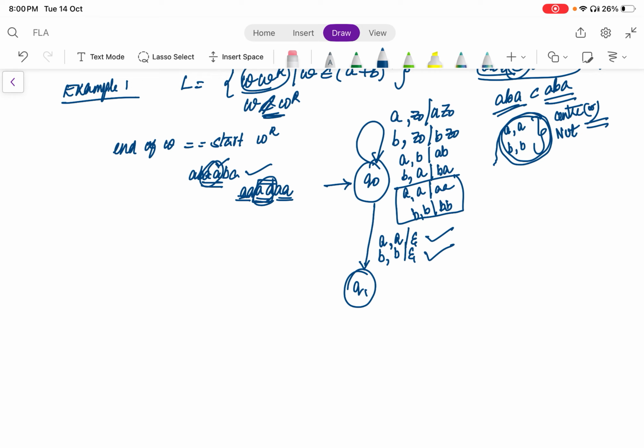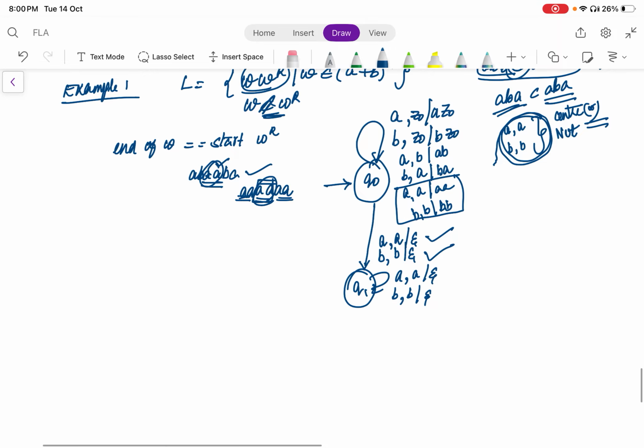After reaching the center, you pop all the symbols that you encounter, so that would be a self loop. If your input is A and you have A, pop it. If the input is B and you have B, you pop it.